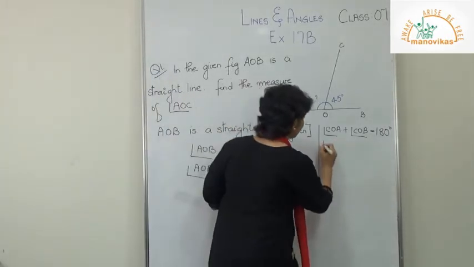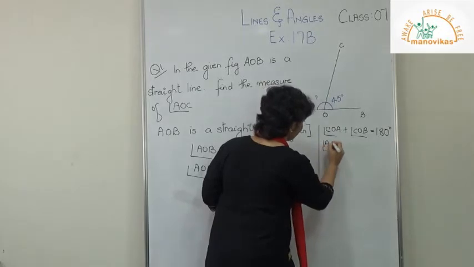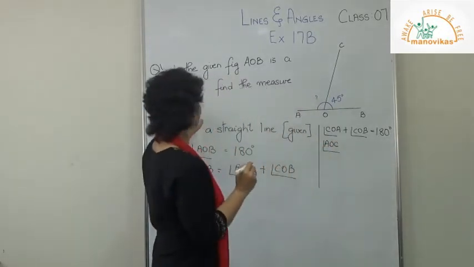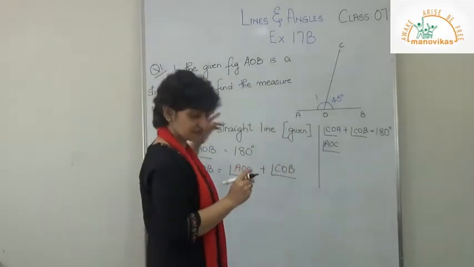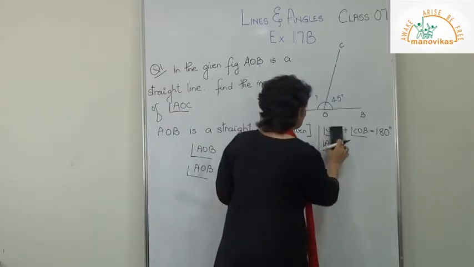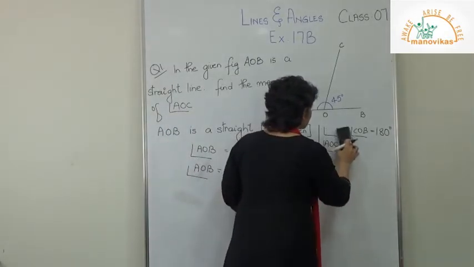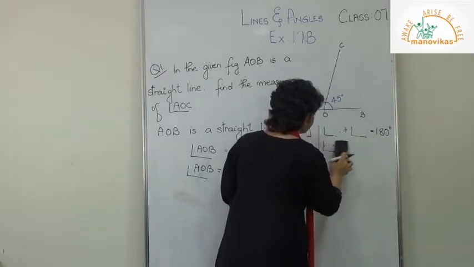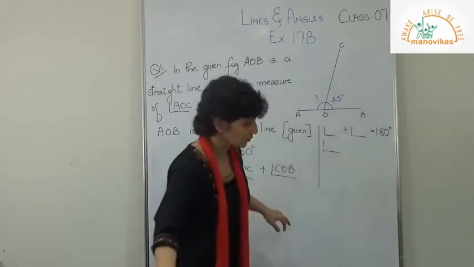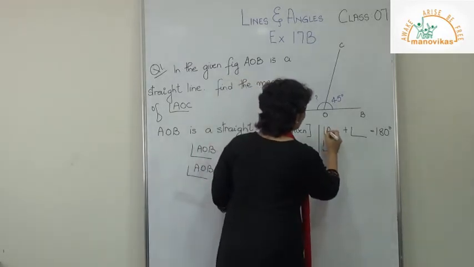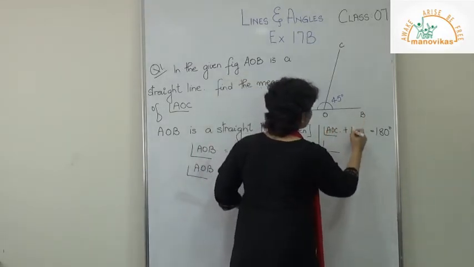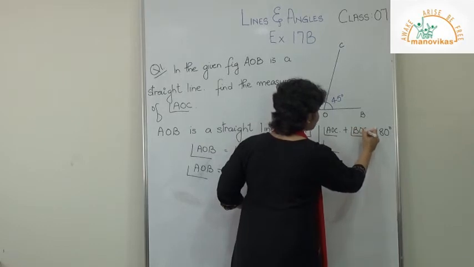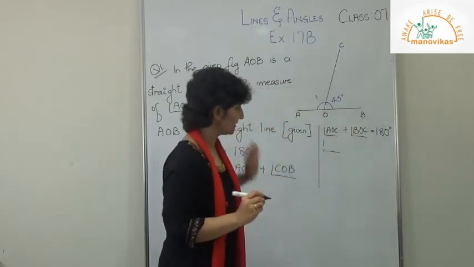Now you have to find out angle COA or AOC. It doesn't matter. They've asked you to find out angle AOC. Alright, just for you, let me put this. Let's change this. Okay, let's put it as angle AOC and we will put this as BOC. It doesn't matter which way, but let it be this way.